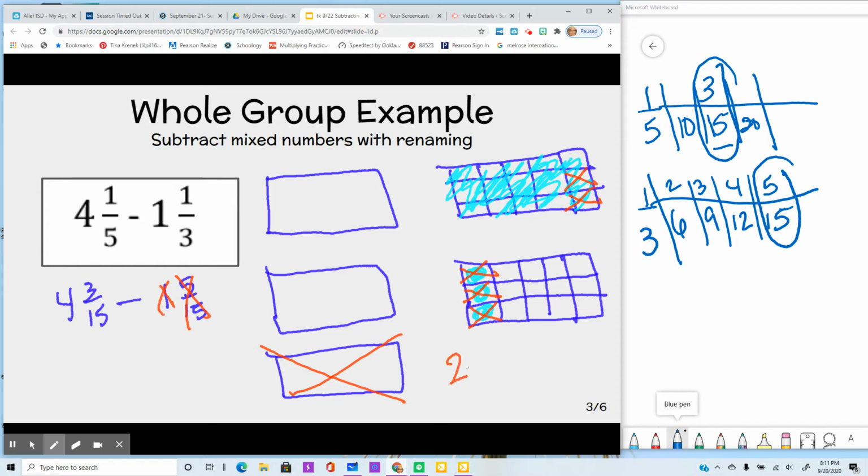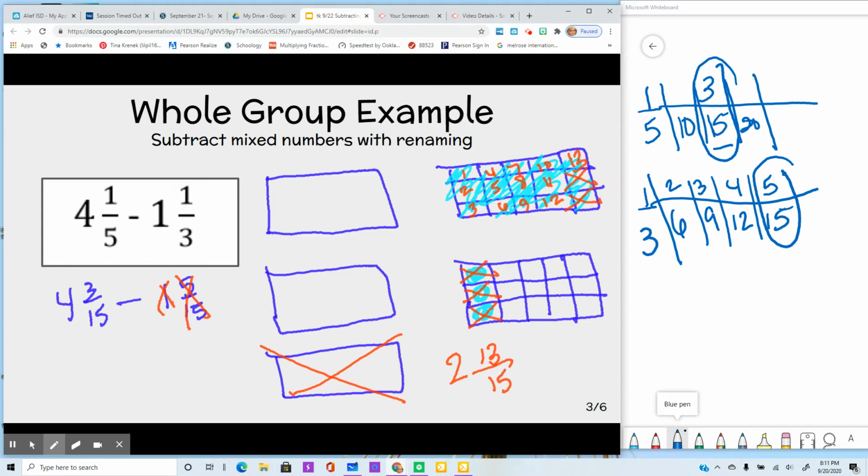2 wholes and how many do you think that is? 1, 2, 3, 4, 5, 6, 7, 8, 9, 10, 11, 12, 13/15. So 2 whole and 13/15.